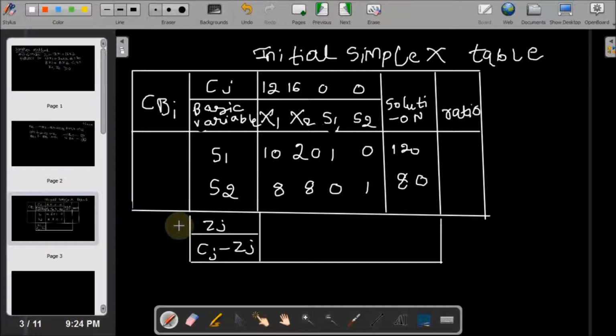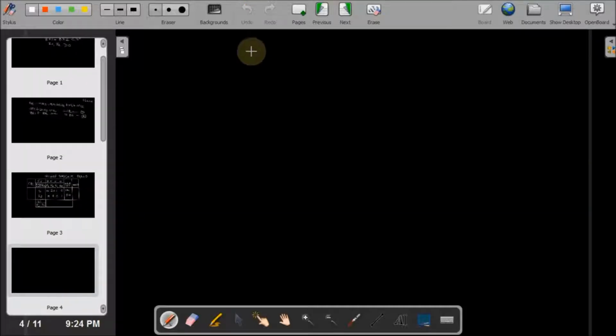Now I have to find out the value of Zj. Actually, to find out the value of Zj, there is a formula. These simplex problems are lengthy but very easy to understand, right? So Zj is equal to summation, you know that, right?